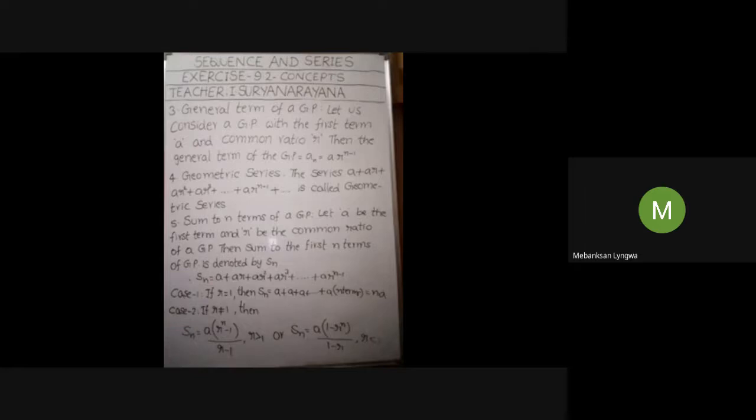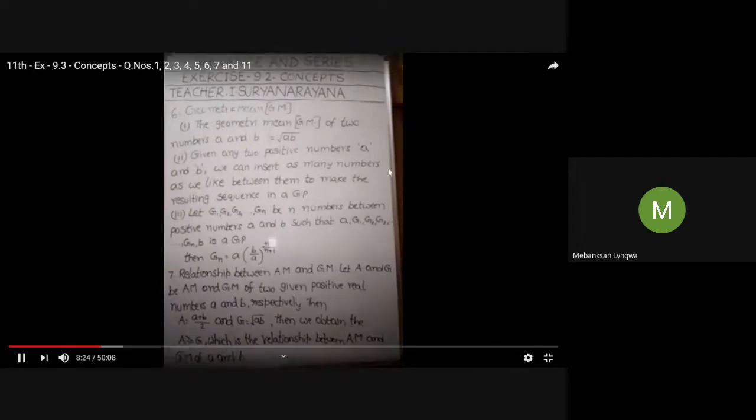Okay, my children, right. In the previous exercise, we have discussed arithmetic mean. Yes or no, my children? Right. In this exercise, we are going to discuss geometric mean. Geometric mean is denoted by capital letter G.M. The geometric mean of two numbers A and B is equal to square root of AB.